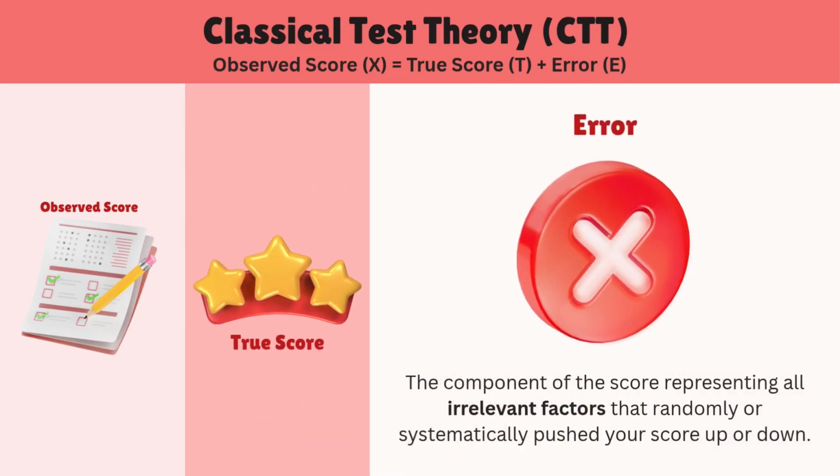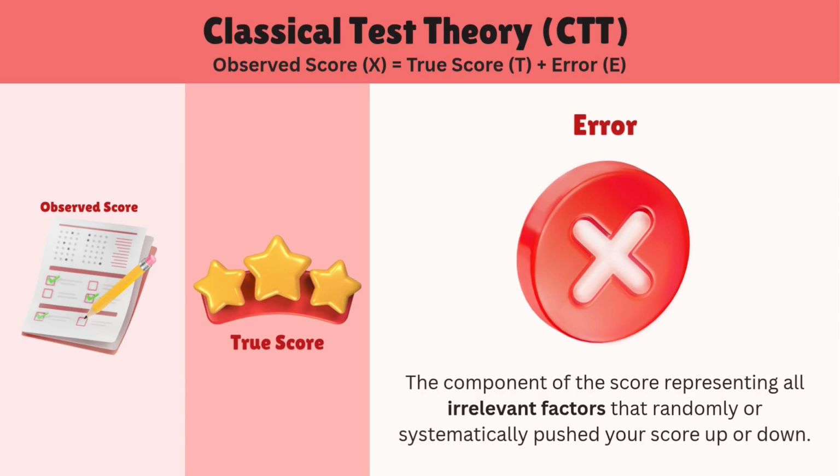The error puts us in a reality check, so to speak. The error component represents everything that randomly or systematically pushes the observed score away from the true score. It's all the irrelevant, distracting factors, such as nerves, bad luck, guessing, a noisy room, unclear instructions, and more, which we will discuss in depth later on.